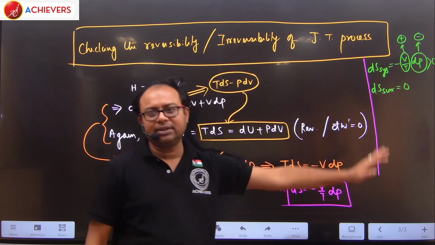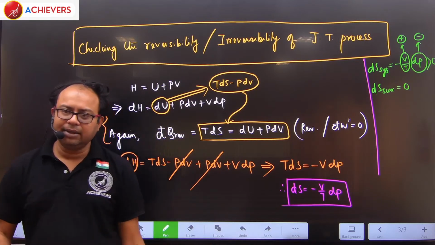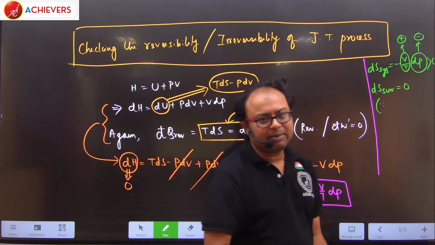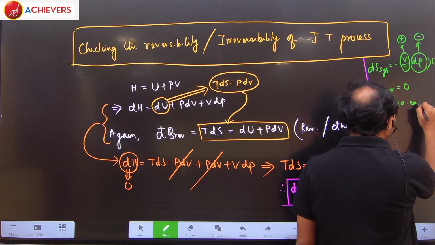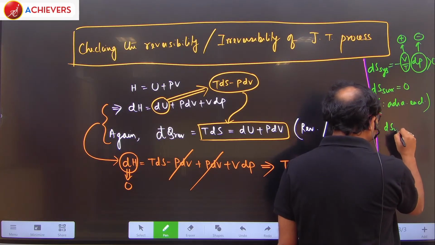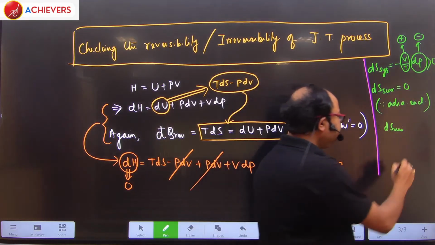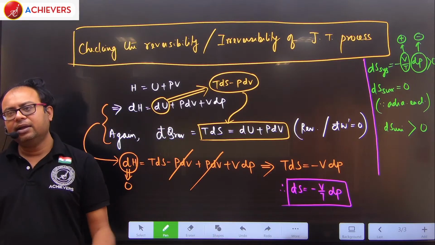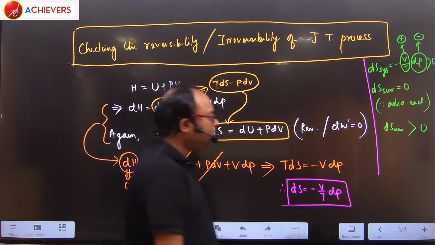Therefore dS universe is dS system plus dS surrounding. dS surrounding is 0, dS system is positive, so naturally dS universe is positive.